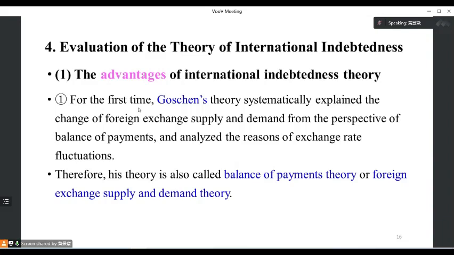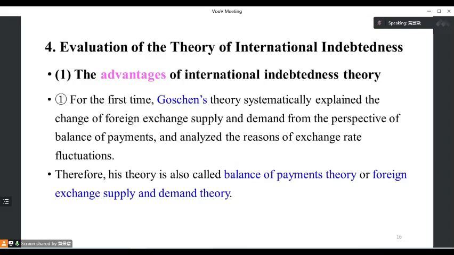For the first time, Gaussian's theory systematically explained the change of foreign exchange supply and demand from the perspective of balance of payments, and analyzed the reasons of exchange rate fluctuations. Therefore, his theory is also called balance of payments theory, or foreign exchange supply and demand theory.